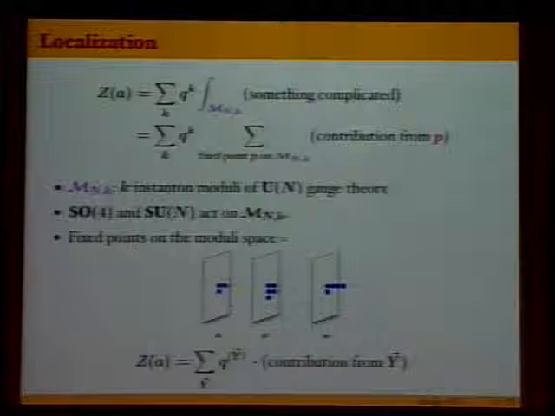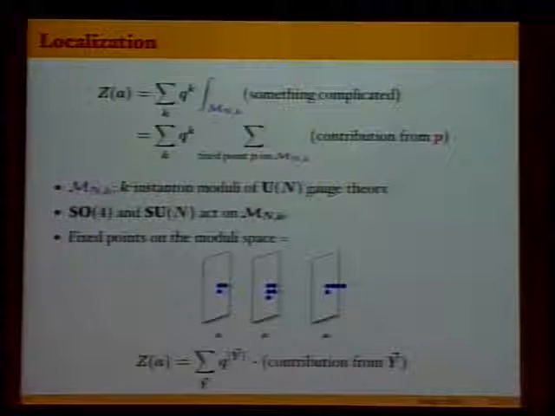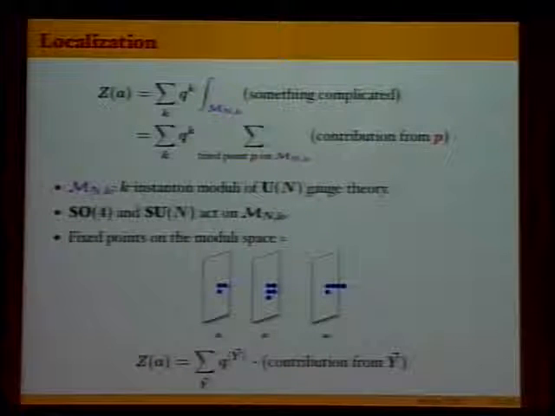And fortunately, mathematicians have classified what kind of fixed points there are inside this complicated space, the k-instanton moduli of the U(N) gauge theory.